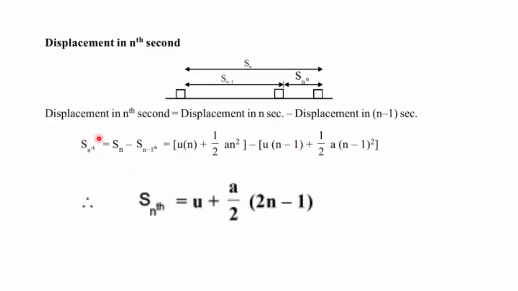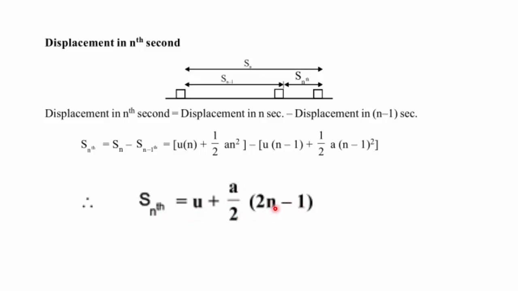Because if I want to calculate the displacement in the nth second, it means the displacement covered till the nth second minus the displacement covered just before that second. So after doing some calculation, I arrive that the displacement in the nth second is equal to u plus a by 2 into (2n minus 1).